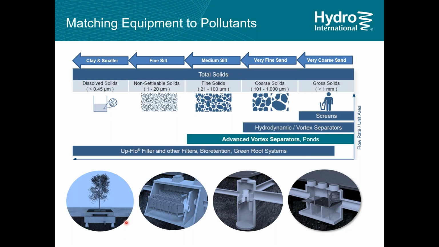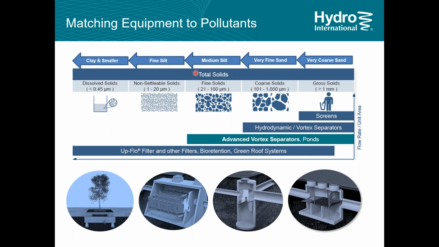When we're dealing with very coarse sand, these particle sizes, 1 millimeter and greater, usually a baffle box and screening systems work pretty well. When we start working down towards the very fine sand, around 100 microns and larger, that's where hydrodynamic separators work pretty well, vortex separators.